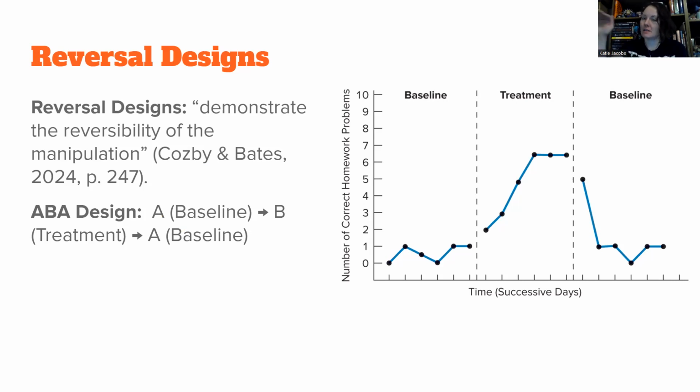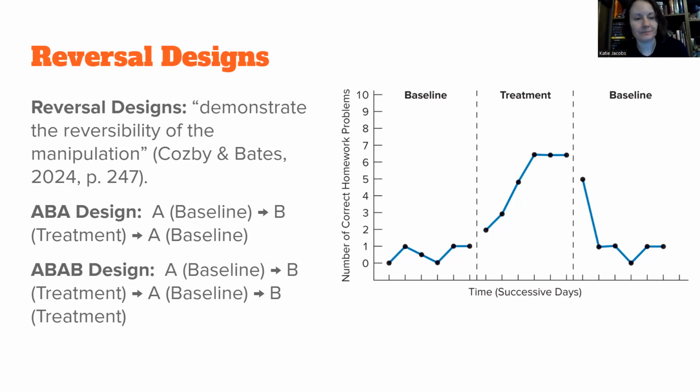And we see that the data points increase. And then we go back and we withdraw the treatment to see if those behaviors decline now that the intervention's done. And we see in this particular example that after they removed the treatment, the number of correct homework problems decreases.